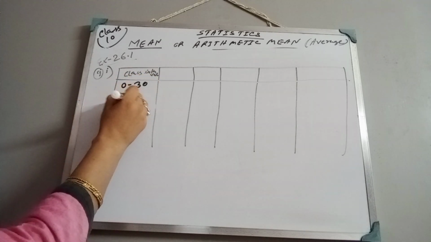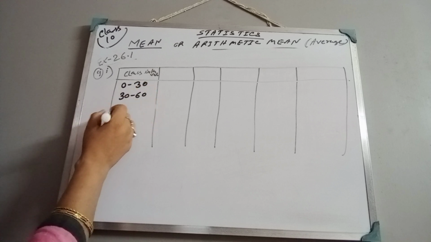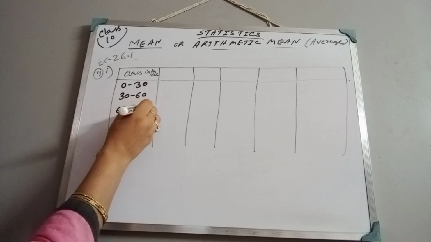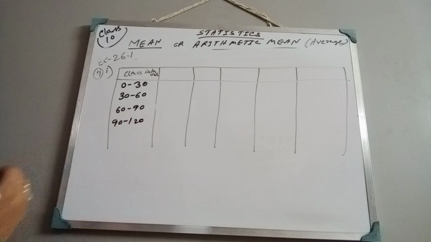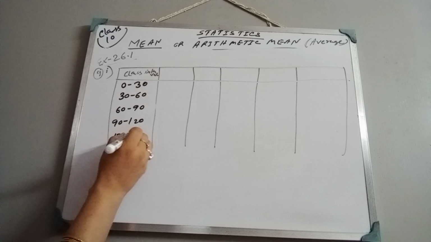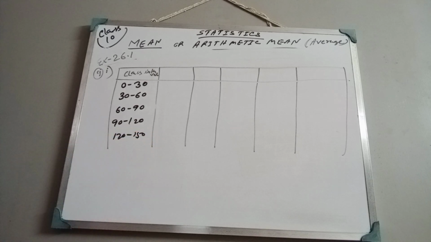Next is 30 to 60. Next is 60 to 90. Next is 90 to 120. Next 120 to 150. Done.